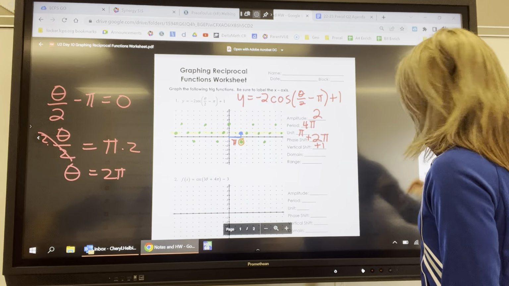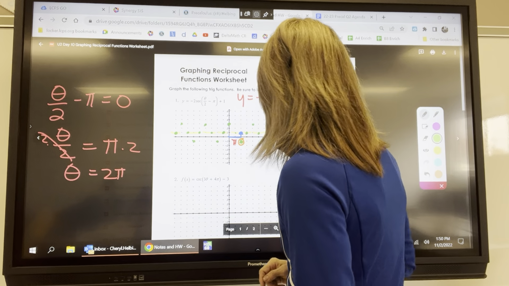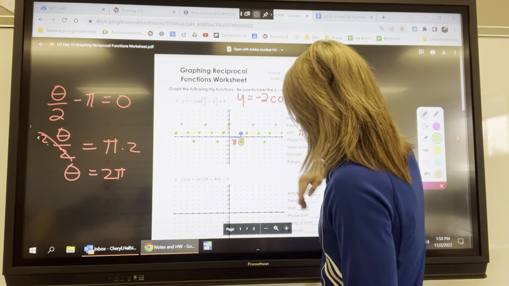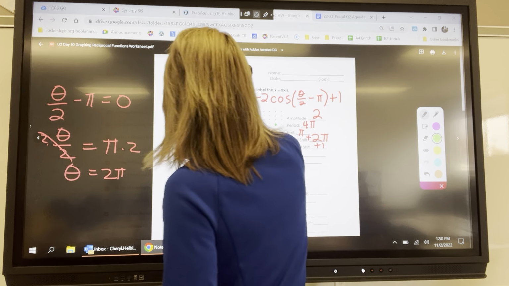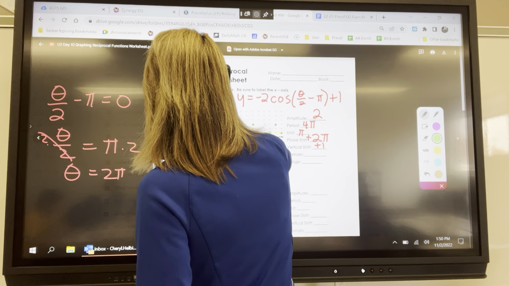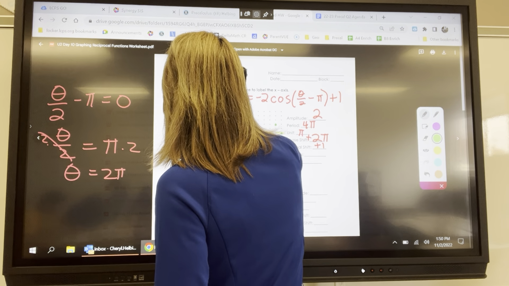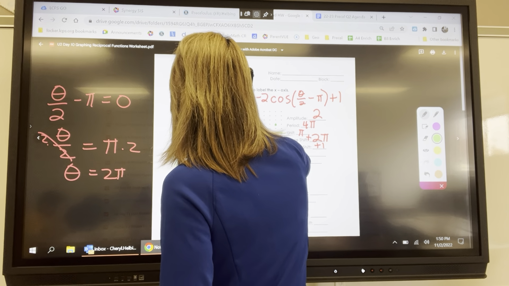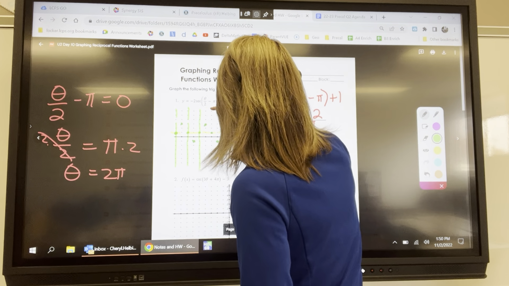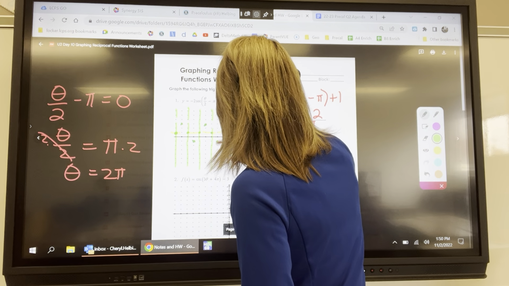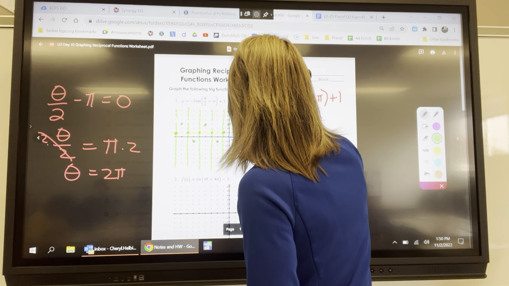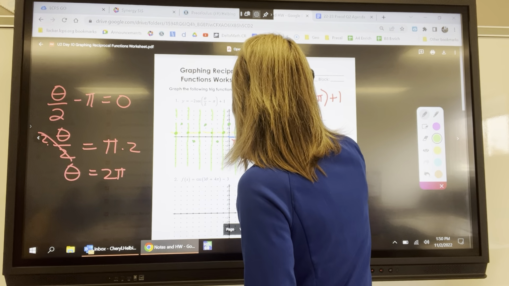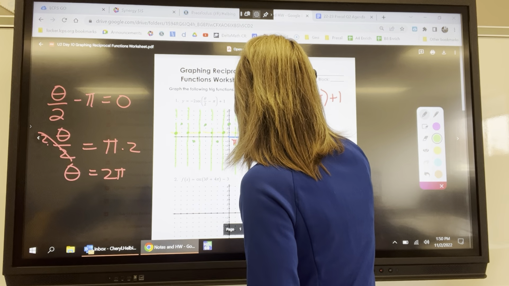I'll use a green highlighter. Now, all my zeros are on this new highlighted line here, so I'll start here. I'm trying to draw them dotted, but this board is so sensitive. There we go.